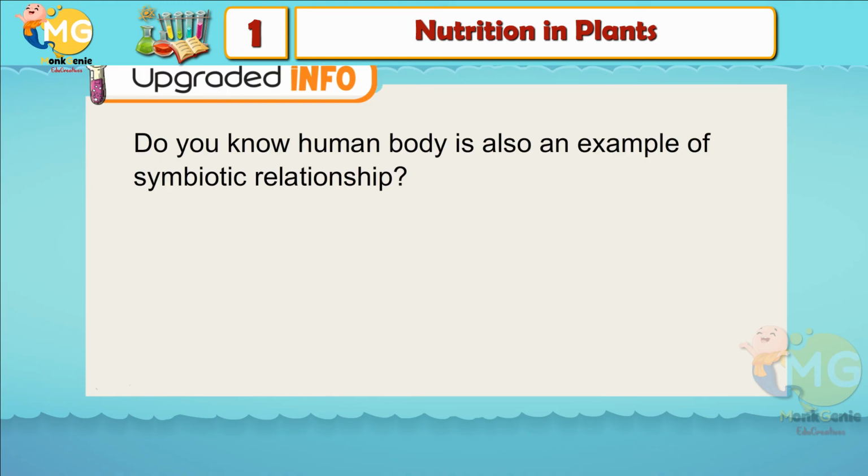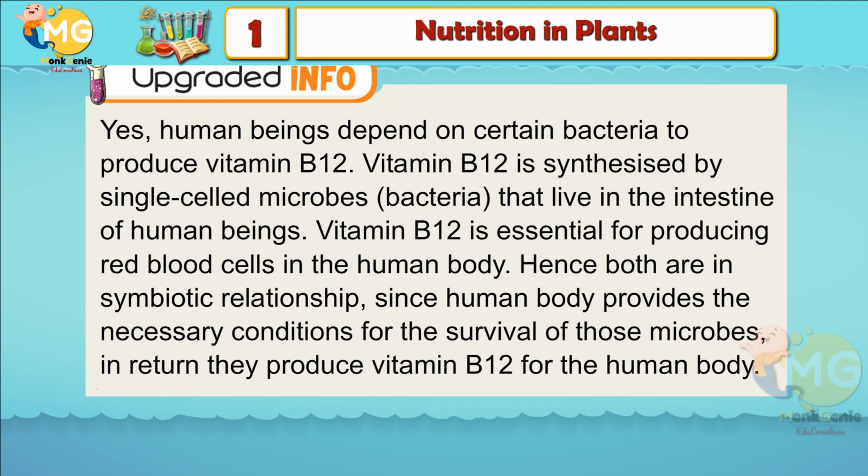Upgraded info. Do you know the human body is also an example of a symbiotic relationship? Yes, human beings depend on certain bacteria to produce vitamin B12. Vitamin B12 is synthesized by single-celled microbes, bacteria, that live in the intestine of human beings.